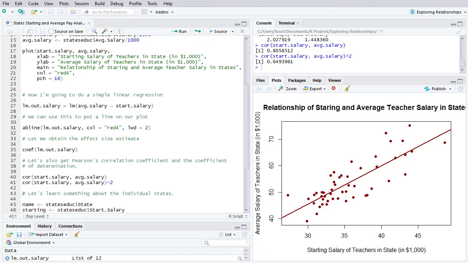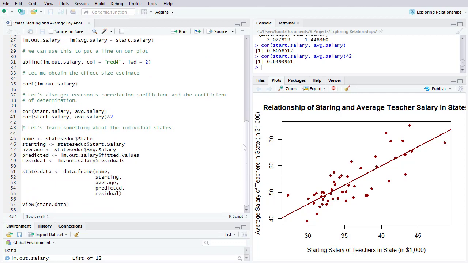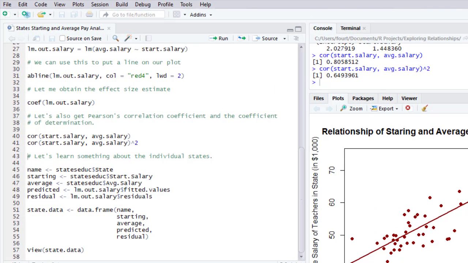Now let's learn something about the individual states. I'm going to create nice, understandable variable names for each of the variables that I'm interested in, and then put these together in a new data set. I'm going to create a variable with the state name, one with the starting salary, one with the average salary, one with the predicted salary, and one with the residual.